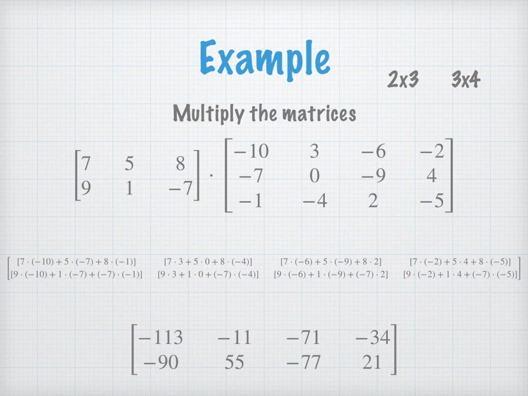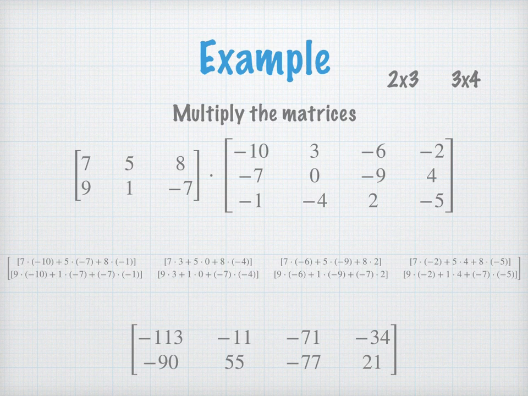So let's try to find the answer for the second row, fourth column position. This would be our very last one, that answer of 21 sitting down in our bottom right corner. So that's our second row, fourth column. So we're going to use the second row in our first matrix and the fourth column in our second matrix.